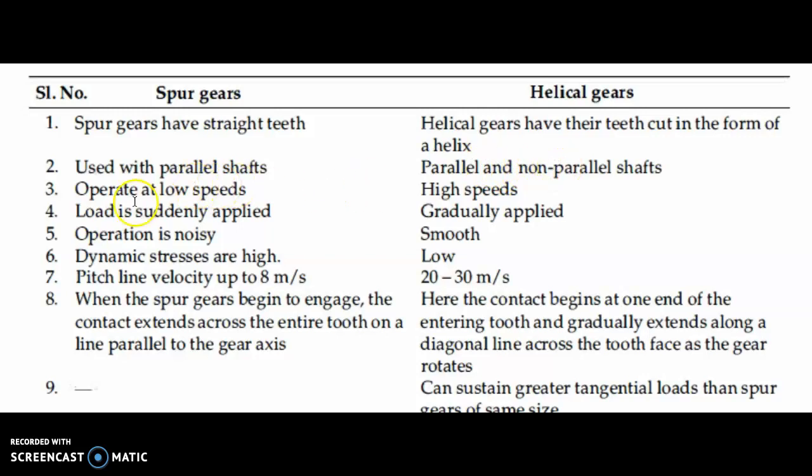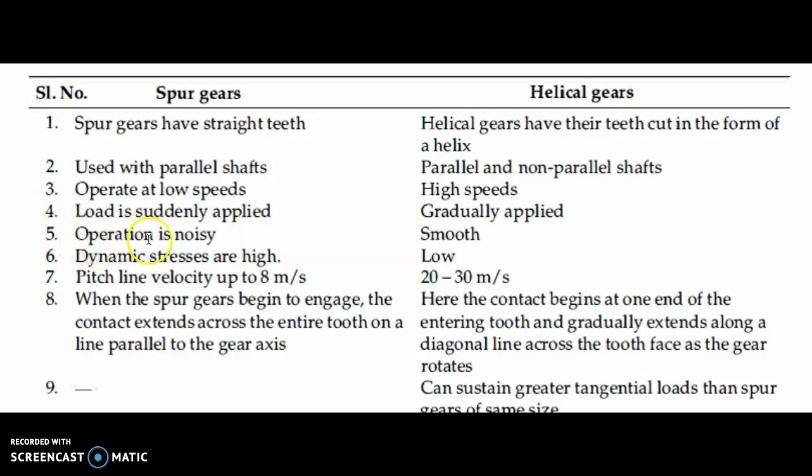Next, we can operate the spur gear only at low speed, but the helical gear can be used at high speeds. Load is applied suddenly, as the figure shows, during the contact of teeth in a spur gear, but in the helical gear it is applied gradually, so we can apply a high load also.